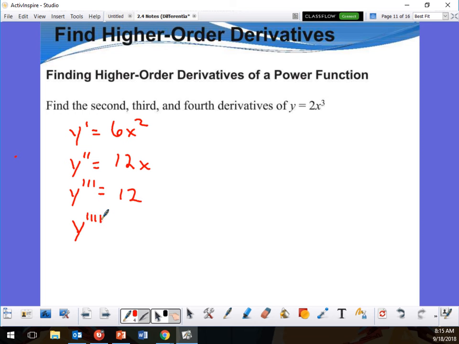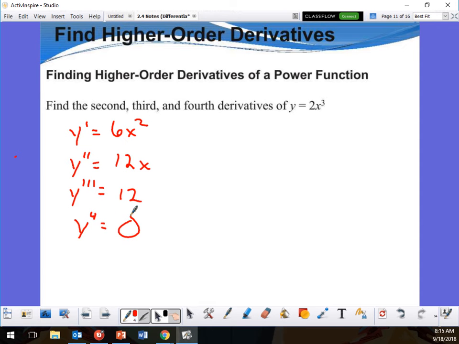Rarely will you see the notation ever like that. If you're doing all the way to the fourth derivative, you're only going to see y4. Anyway, so the fourth derivative would be 0.